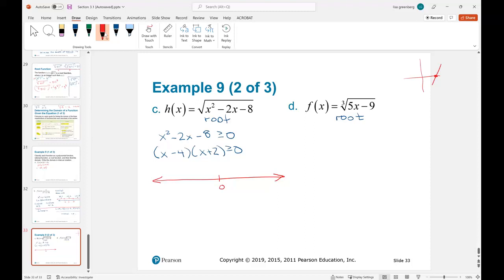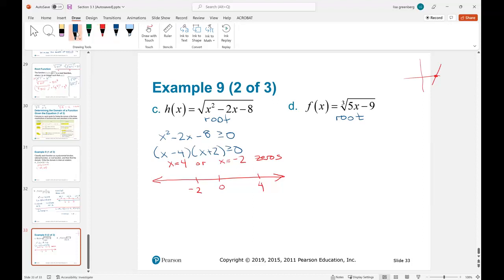So I want to find out where my zeros are because that'll tell me what my possibilities are for where it can change from positive to negative or negative to positive. If it doesn't touch 0, it's going to either stay all negative or all positive. So let's again say my zeros are x equals 4 or x equals -2. Those are my zeros. So here's 4 and here's -2.